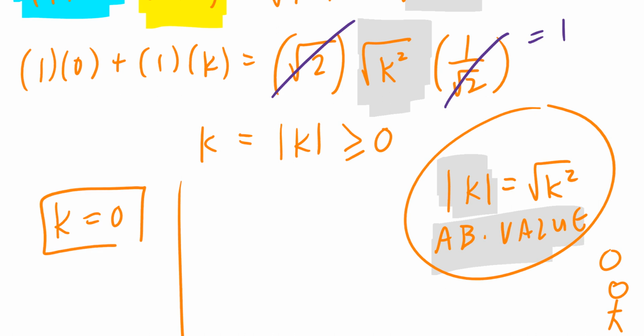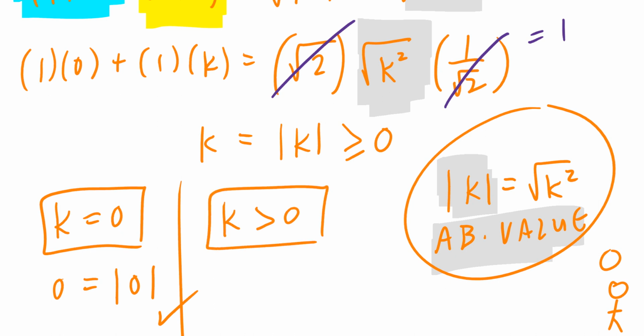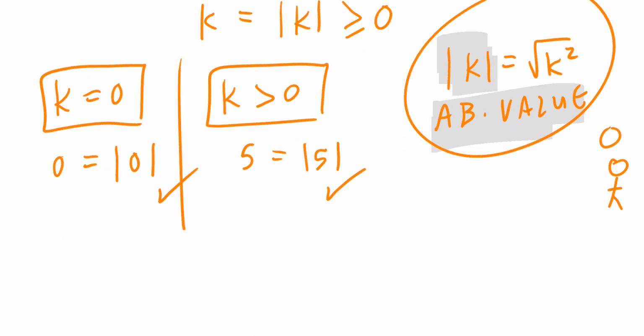If you plug it back in, 0 equals the absolute value of 0, and that is definitely true. The second statement is k could be positive. For example, k equals 5, and 5 equals the absolute value of 5. This is not a proof, I'm just verifying it with one specific number. So the general answer is that k must be greater than or equal to 0.